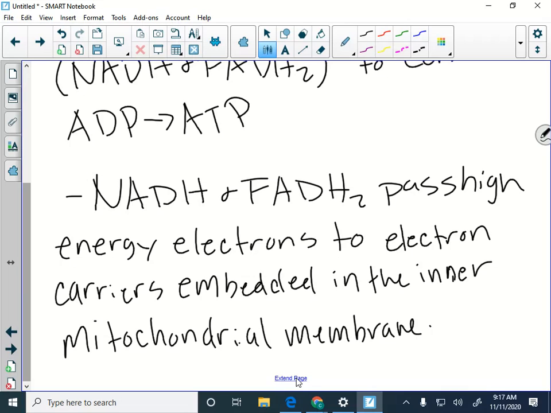As they pass through these carriers, the carriers are going to use the energy from those electrons, the little bit that they have from each pass, to pump hydrogen ions out of the matrix.